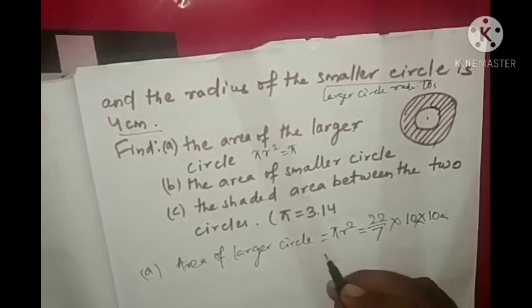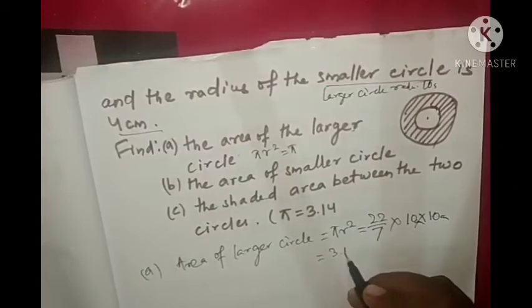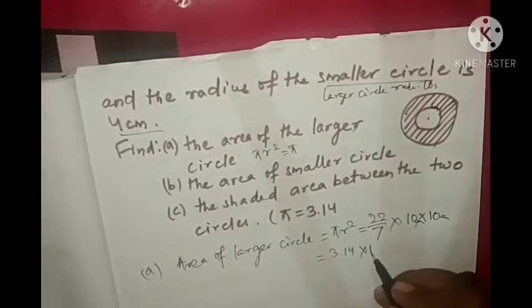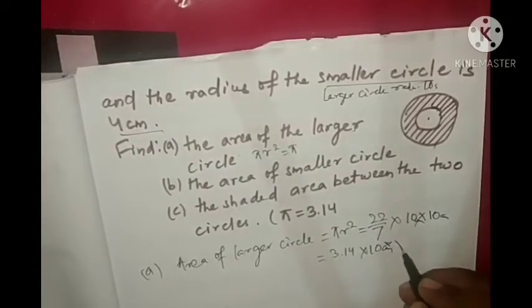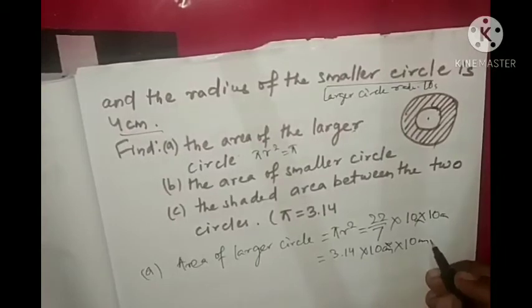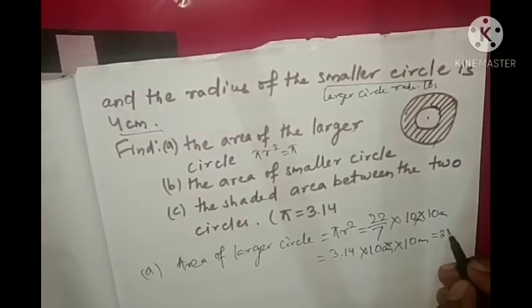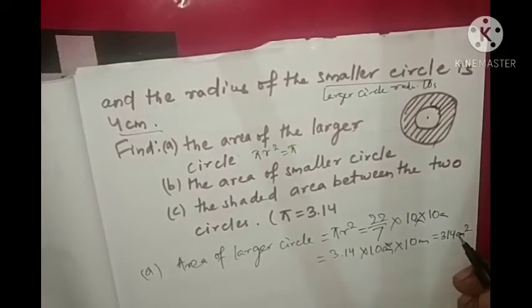You can write 22/7 as 3.14, into 10 centimeter into 10 centimeter. The answer is 314 square centimeter. So this is the area of the larger circle.